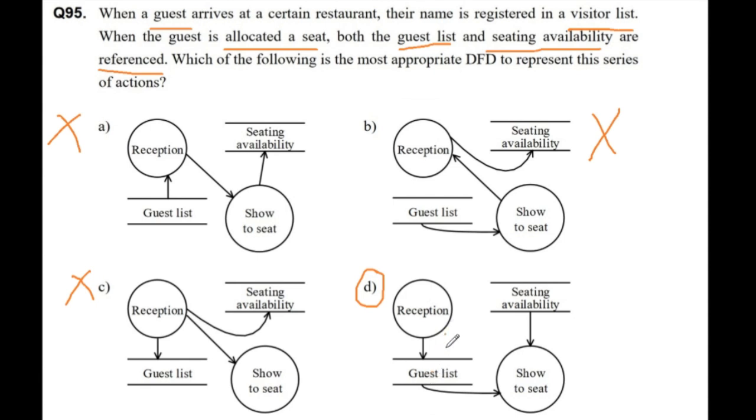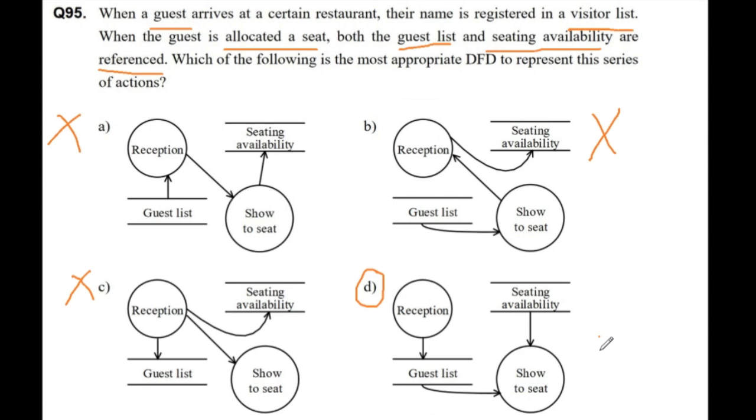So it looks like from the reception, he has to go to the guest list. But this part is a little bit confusing, because the guest list goes to the show to seat, and then seating availability goes to show to seat too.